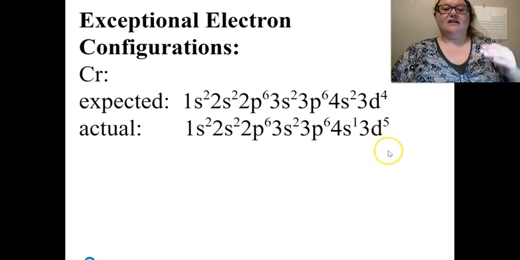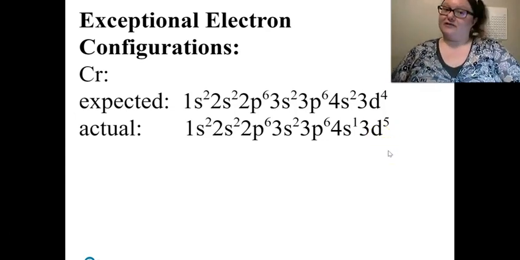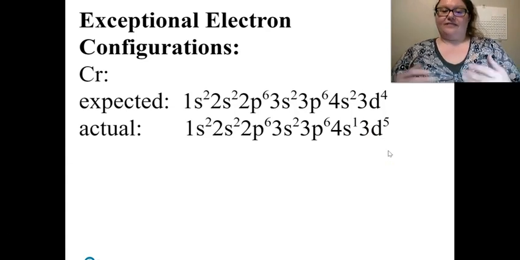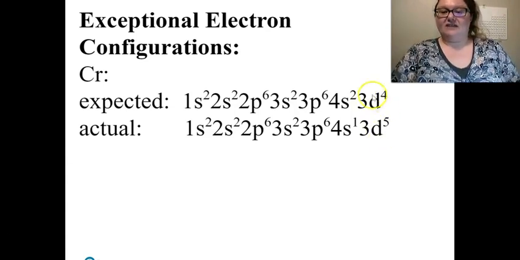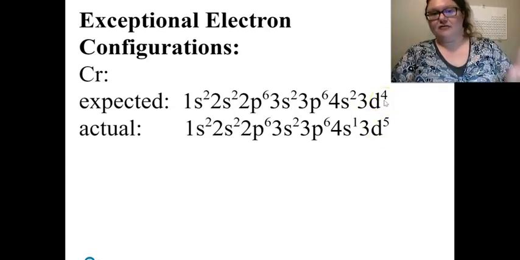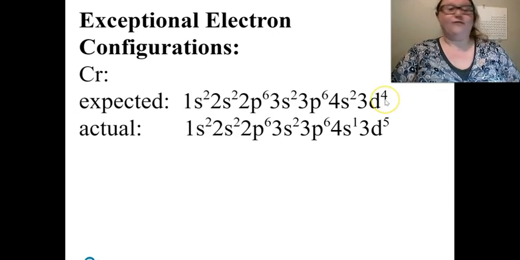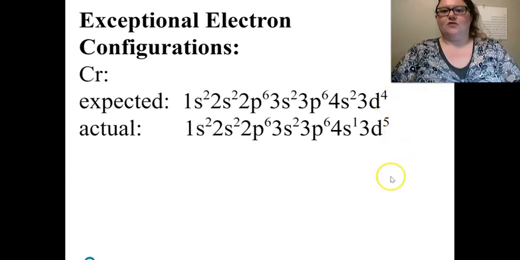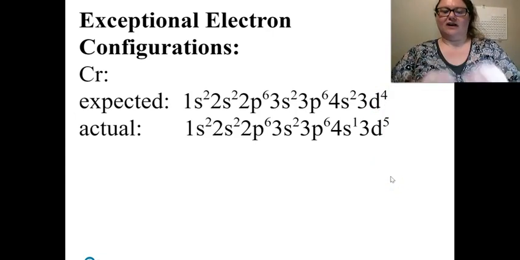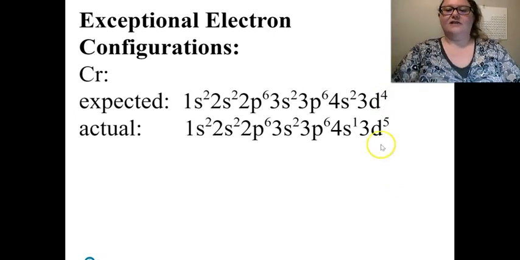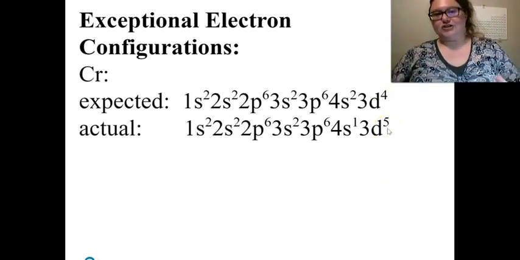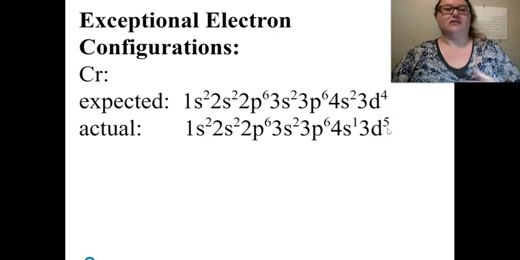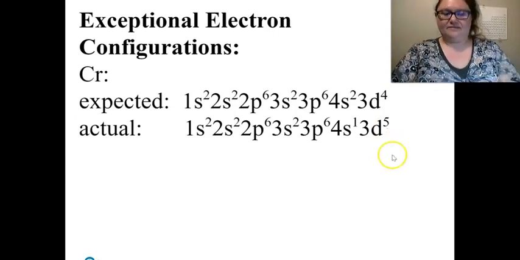The D is half full with 5 electrons. That's more stable than having it less than or greater than half full with the 4 in this example. So this is what happens. 1 electron will be donated back so that that larger sublevel is half full. That's a more stable arrangement.